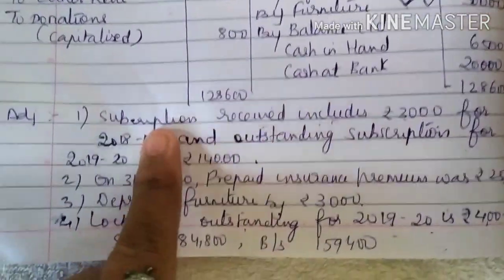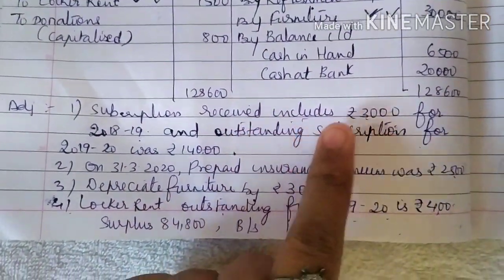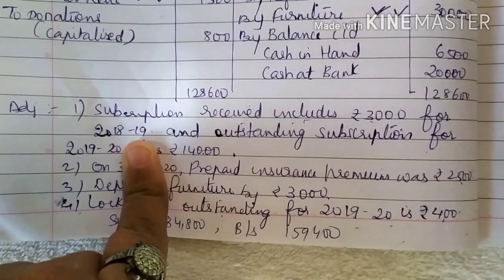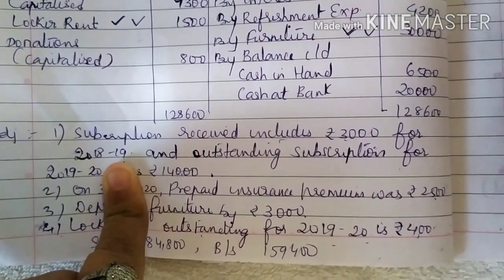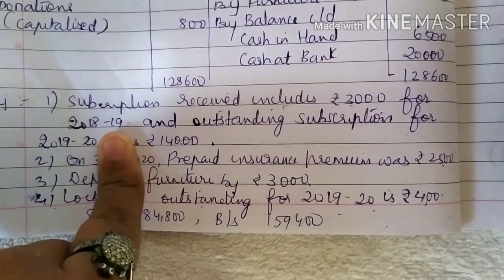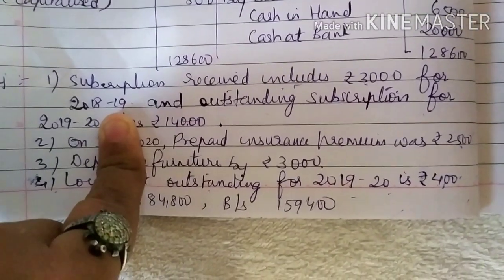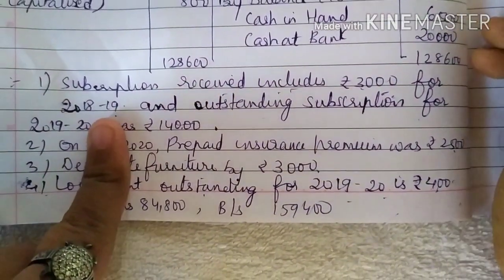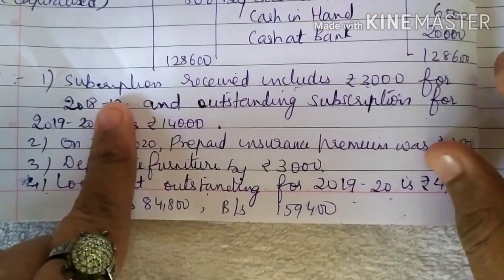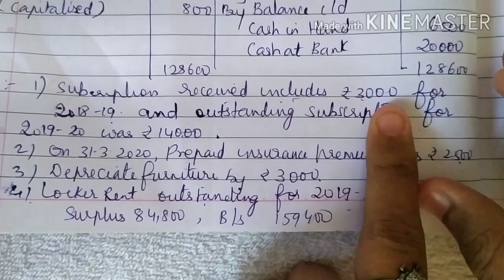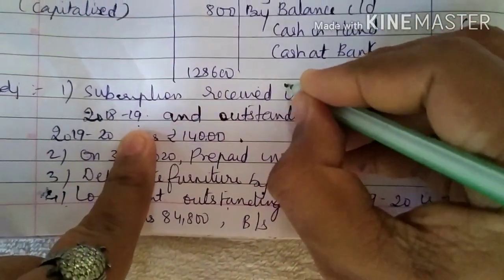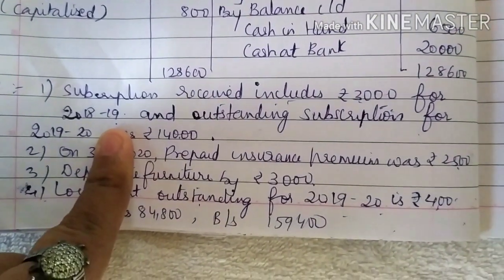Now what is the adjustment over here? See the adjustment. Subscription received includes rupees 3,000 for 2018-19. 2018-19 means previous year. It includes 3,000 rupees of previous year. So it is not of current year, it is of previous year. That means it is a subscription amount of previous year.